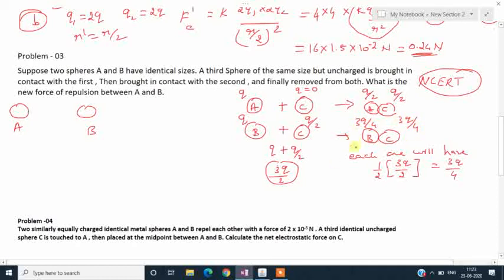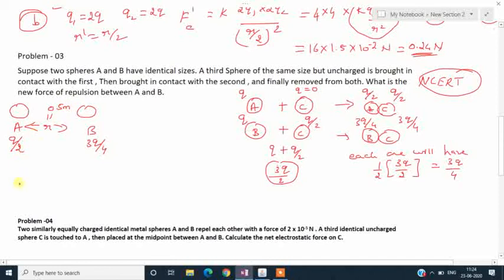So now the new charges on A and B: A will have a charge Q by 2, and B will have a charge 3Q by 4. Now find out the force of repulsion. The distance between them is the same, it has not changed. That is 0.5 from the above problem.